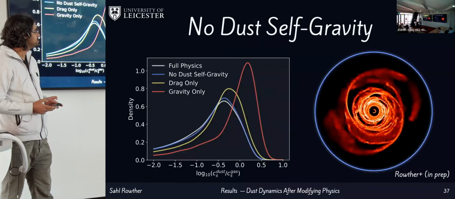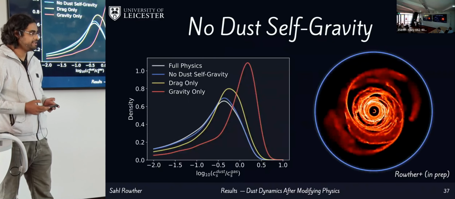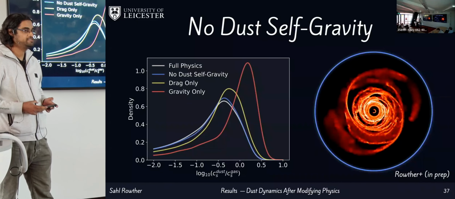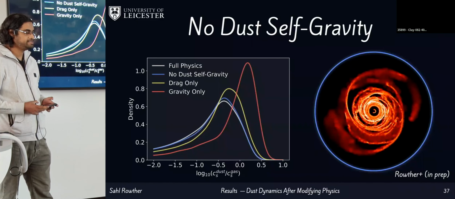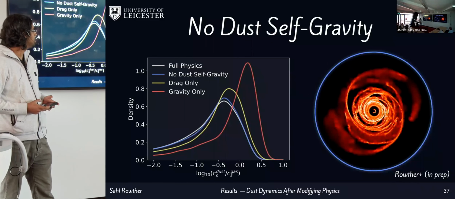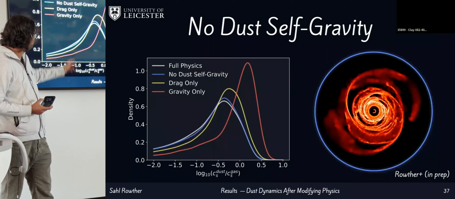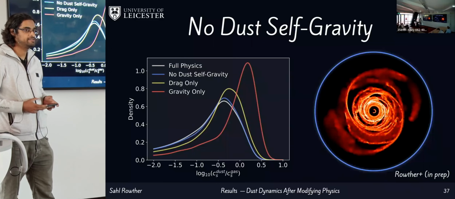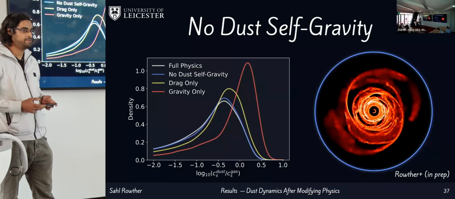So when the dust self-gravity is turned off, there's not much change in the velocity dispersion, except for a little bit here in the lower values, which affects the clumps, and how they're affected will be mentioned in some slides later.